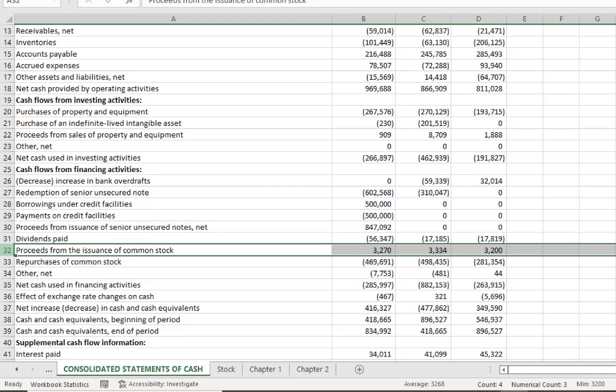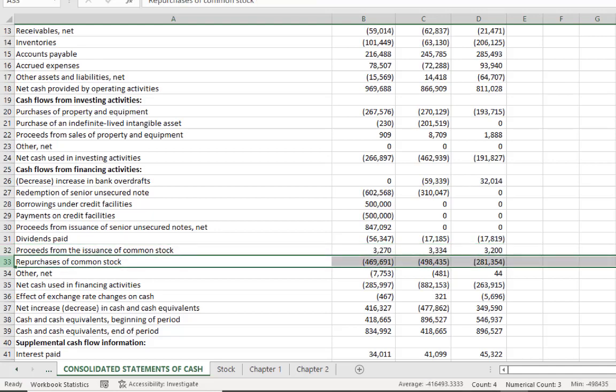They did issue a little common stock, but look, they purchased back a lot of their common stock. So the only place that this investing, which is purchases of property and equipment, is the vast majority of it. You can see that number's really big. The only way that they paid for that was through operations.